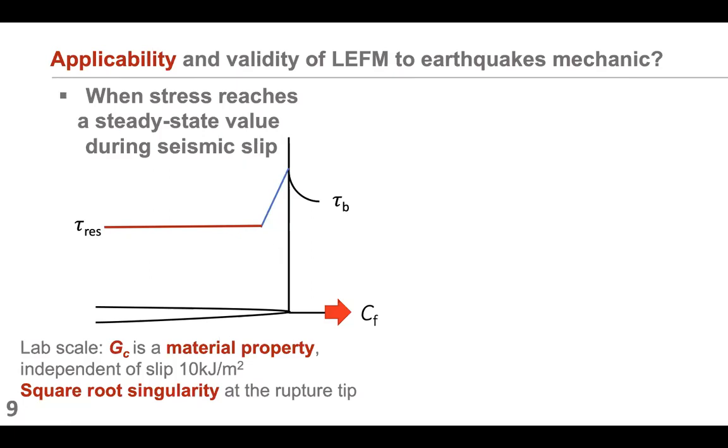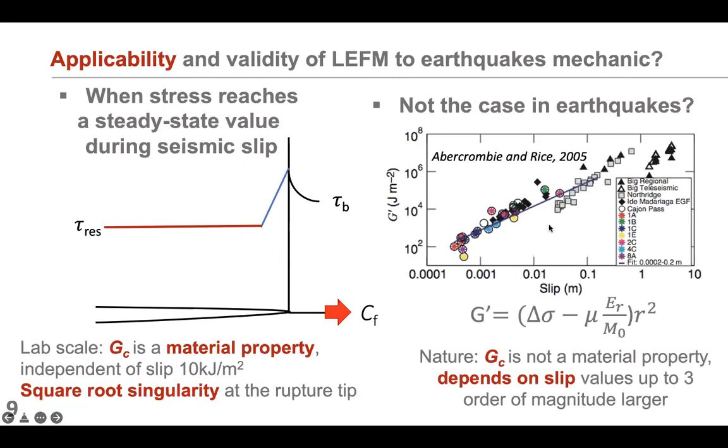So is it applicable to earthquake mechanics? Well, probably not, because what we know from seismology is that the fracture energy derived from seismology, with the hypotheses behind these estimates, so this scaling has to be taken knowing that there are a lot of hypotheses behind it.